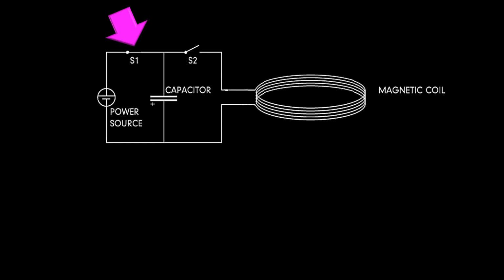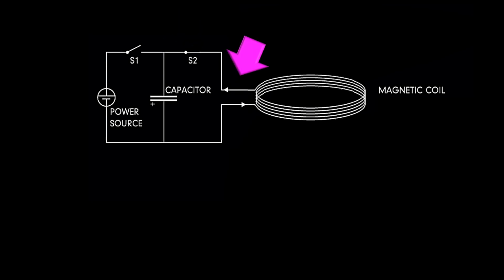After charging the capacitor in the S1 circuit, this circuit is open. Then the second circuit, which was pointing up because it was open, is closed.